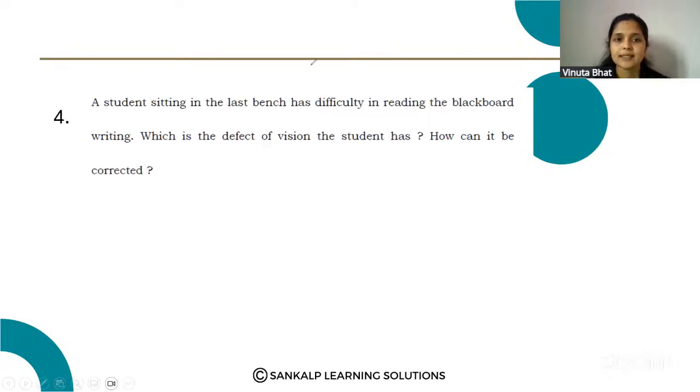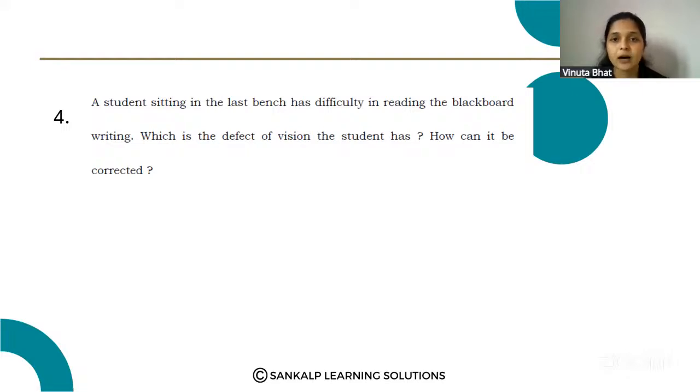A student sitting in the last bench has difficulty in reading the blackboard writing. Which defect of vision does the student have? How can it be corrected? Please read the question. Yes, dear students, I know you have covered all these topics in your school, but it is the time for revision.